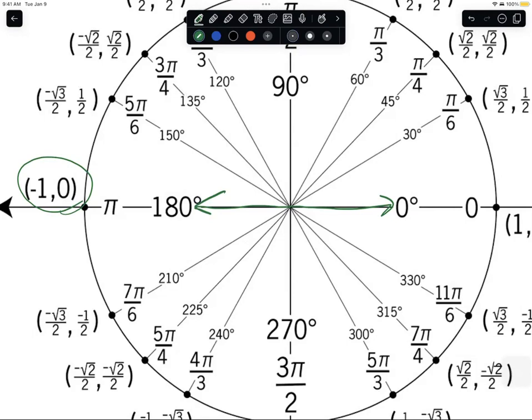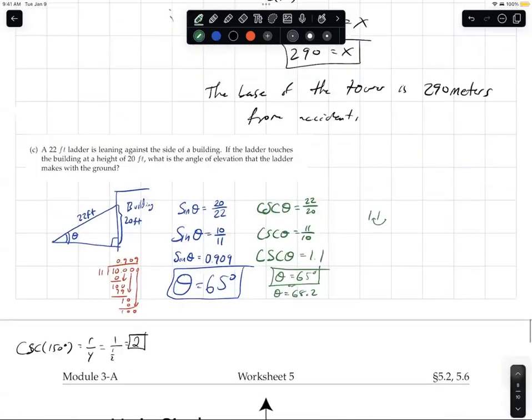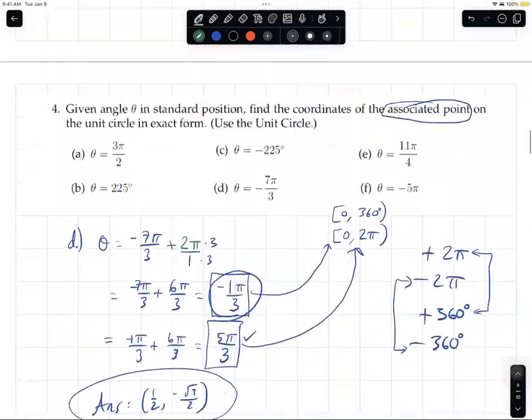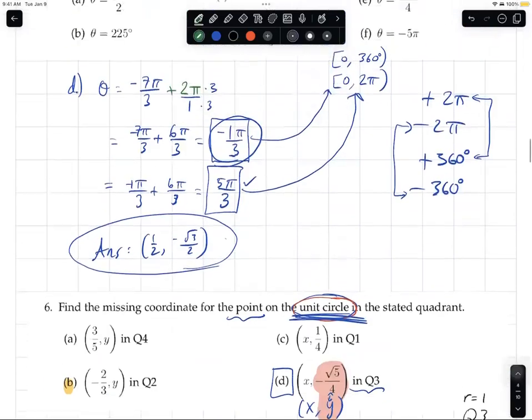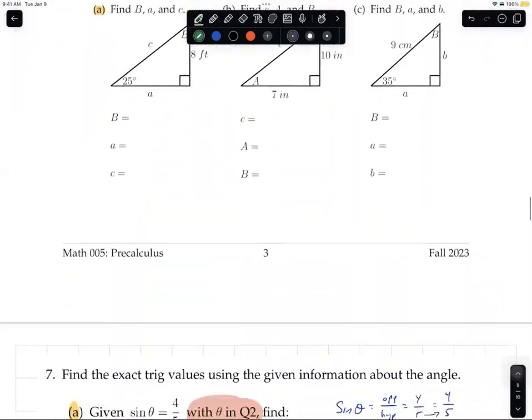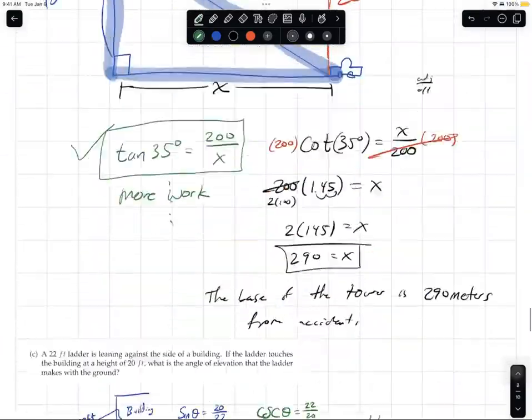So based on our drawing, -5 pi is coterminal with pi radians, and the associated point is -1 comma 0. Okay, so that's one way to do this problem. Does that make sense there? To me, not really. Okay.